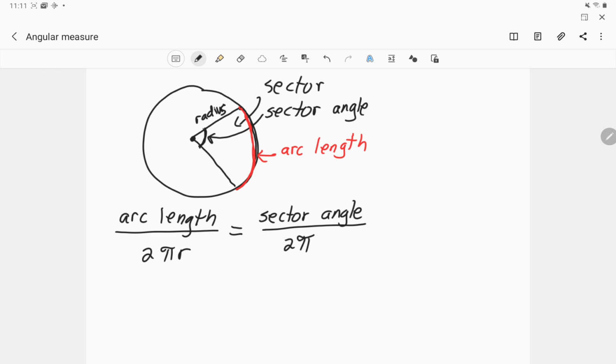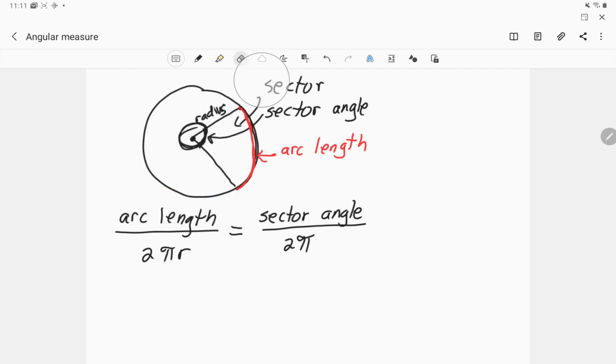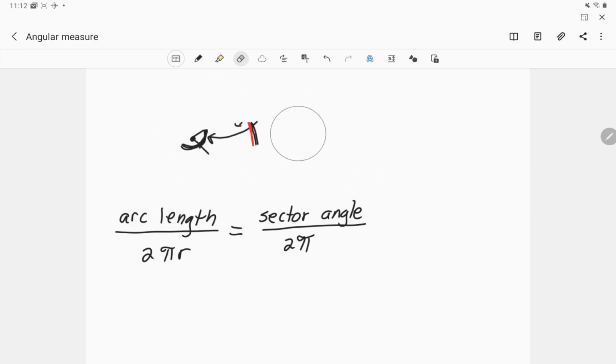So you're comparing just this piece of the angle to the whole circle. So again, it's just a ratio. The sector angle has to be in radians because you've got pi's everywhere, and radians is the only measure that has pi in it. So if we look, I am on page 188 in your textbook. If we look at example 3, in example 3, they give you a circle.